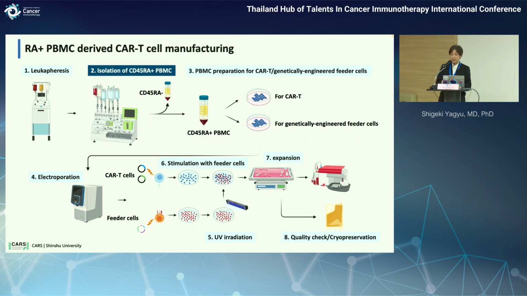So based on these findings, the quality of the starting material influences the manufacturing and potency of piggyBac CAR T cells. And the selection of CD45RA-positive PBMC may have the potential to produce more stable manufacturing and favorable efficacy of piggyBac CAR T cells.